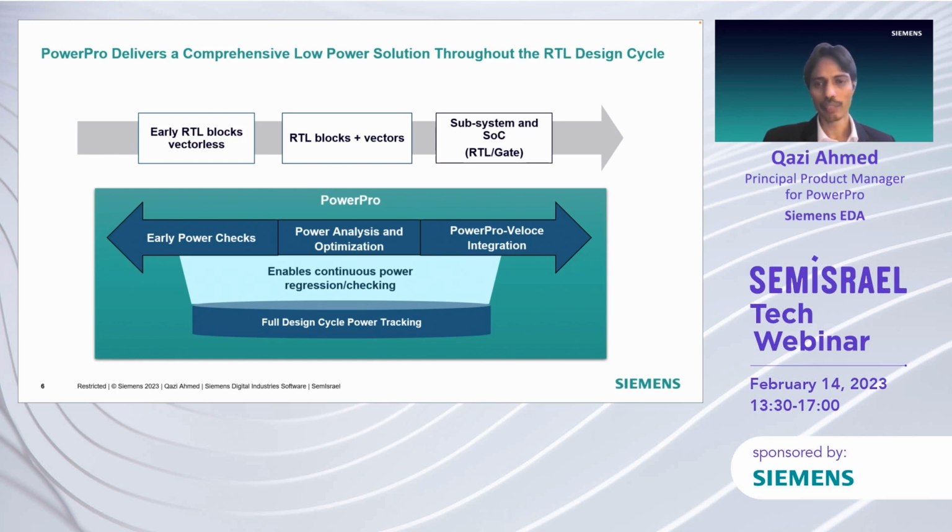Finally, when you go to system level, you can measure the power to see if you're in the ballpark. So you can do full cycle tracking of power and establish regressions around it to make sure your power is within your budgets and you're not wasting any power.